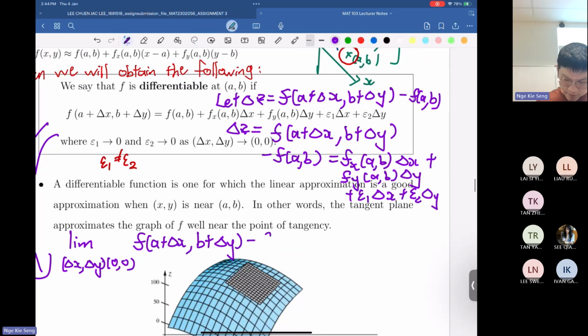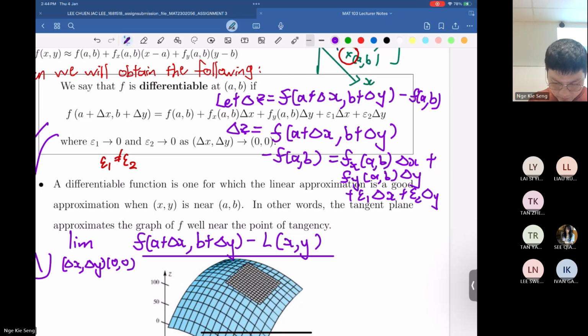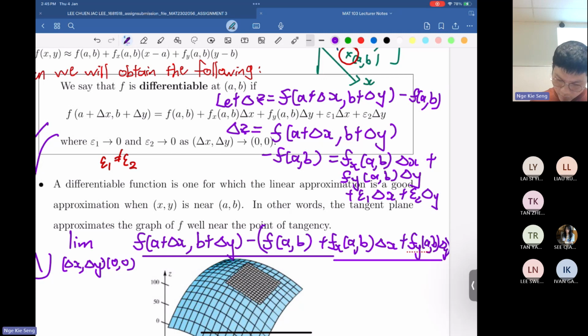And then minus f(a,b), and then minus, let me call it, this whole thing should be minus L(x,y), plus fx(a,b) delta x plus fy(a,b) delta y, over the length of delta x, delta y.